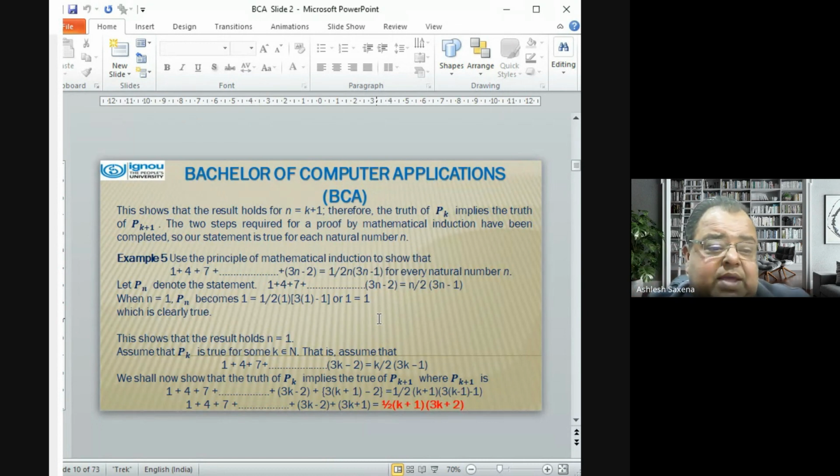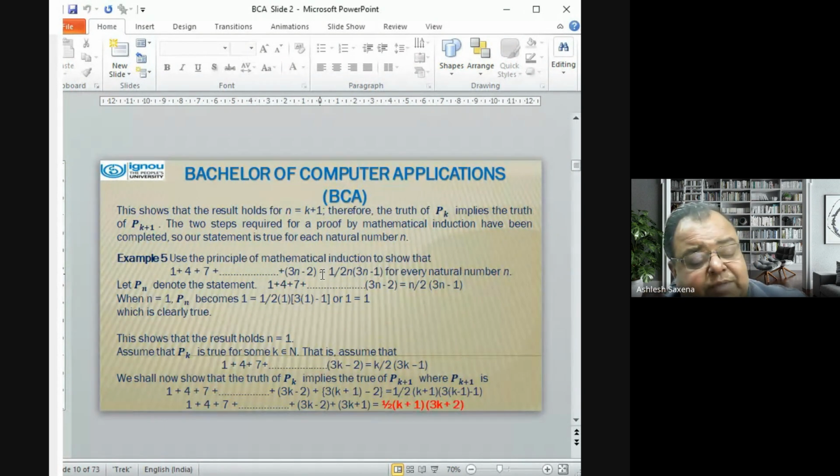Replace n by k. What will happen? 1 plus 4 plus 7 plus up to 3k minus 2 is equal to 1 by 2 k into 3k minus 1. Here it is. Since P1 is true, assume Pk is true. Next step is to find Pk plus 1.